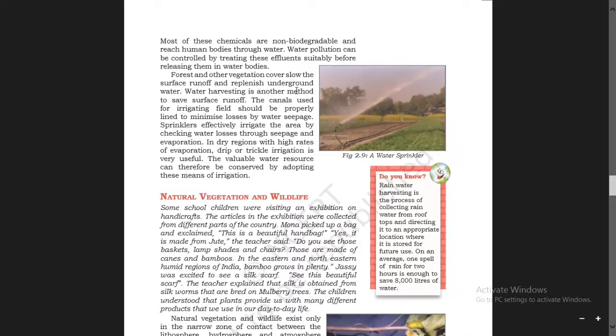Water harvesting is another method to save surface runoff. So water harvesting is another method to save surface runoff. That one also I will tell you. Let me finish this part of the chapter.